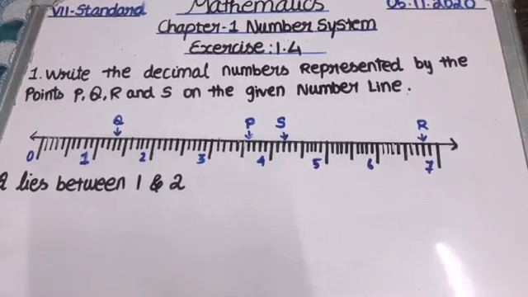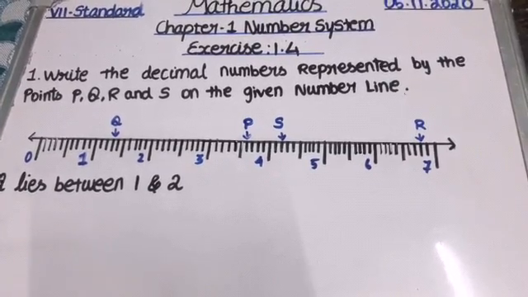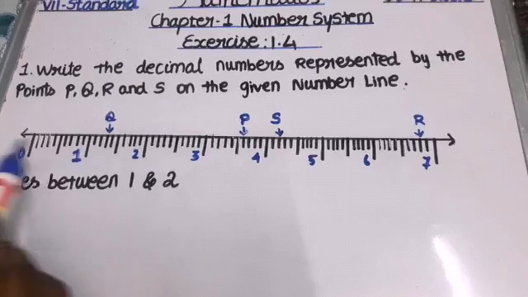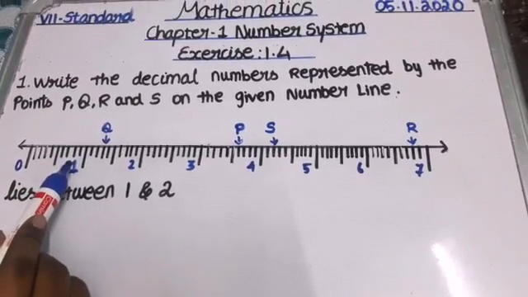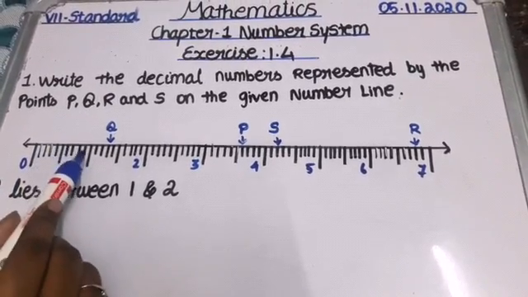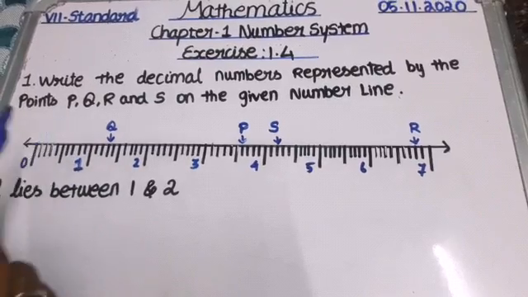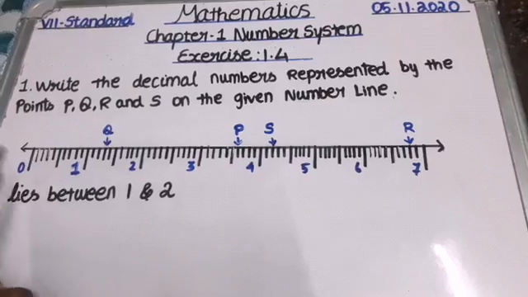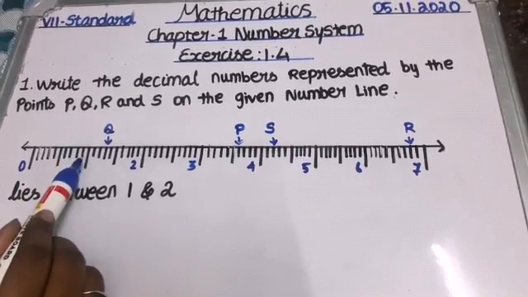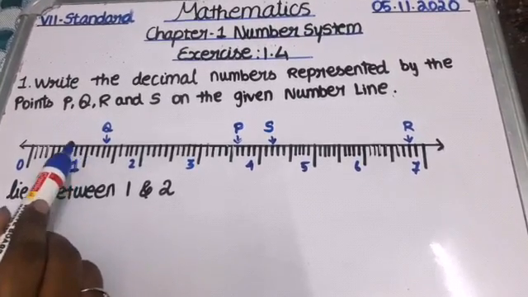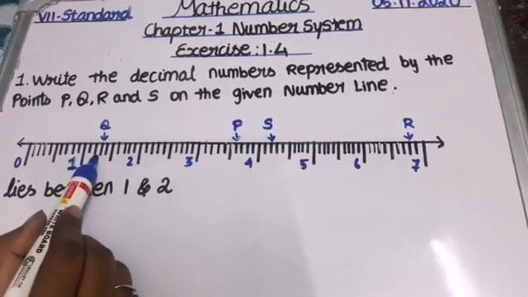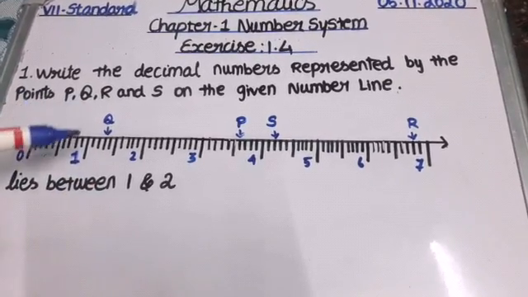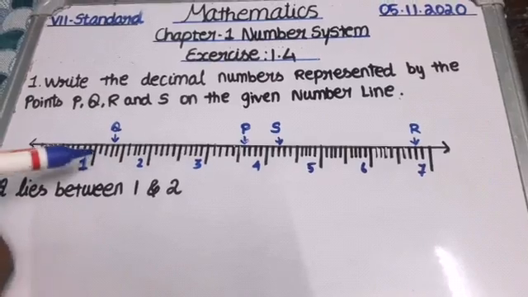Now what is the decimal number represented by the point Q? Shall we count it? After 1 it is represented by 0.1, so 1 plus 0.1 we get 1.1. So after 1 comes 1.1, 1.2, 1.3. So Q is marked on the line of 1.3.